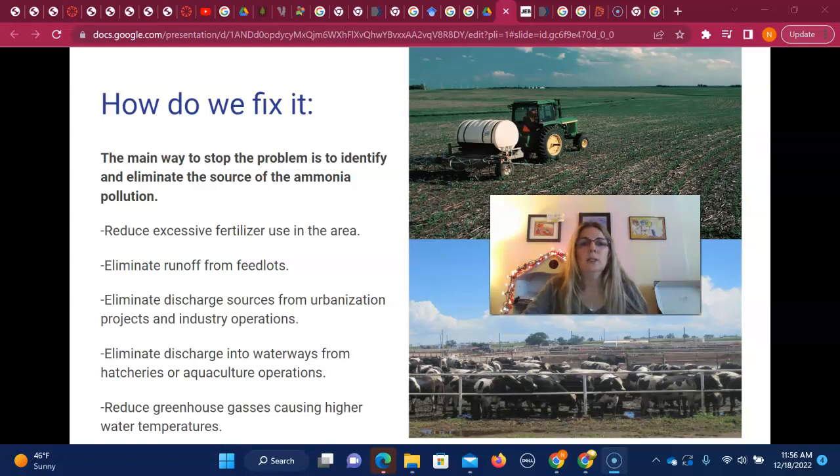If we can do our best to eliminate these sources, then hopefully we can eliminate the ammonia in the water, and the balance can be restored and the fish population can bounce back from the damage that has been caused by the large amount of ammonia that has been inputted into the system.